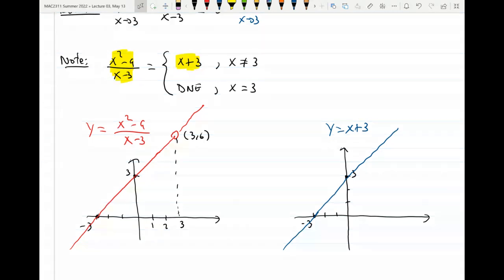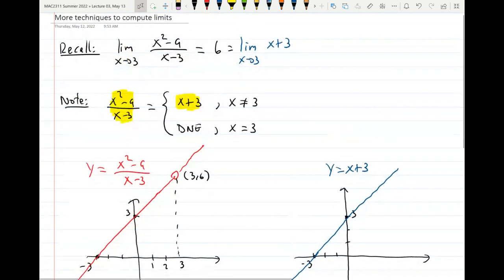And remember what we said last time, when you compute limits you do not care about what happens at the point itself that you're approaching. It's only about what happens around the point. So if around the point that you're getting close to, the two functions match, then the limits are going to match as well. That's the moral of the story that we want to exploit here.